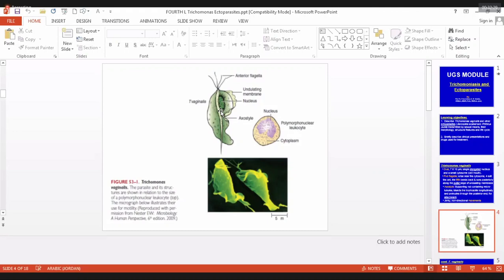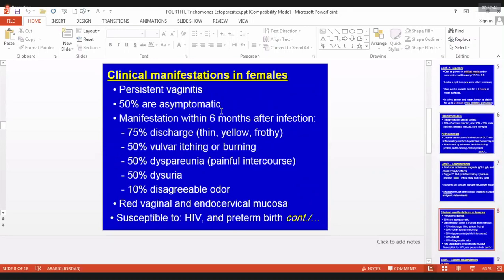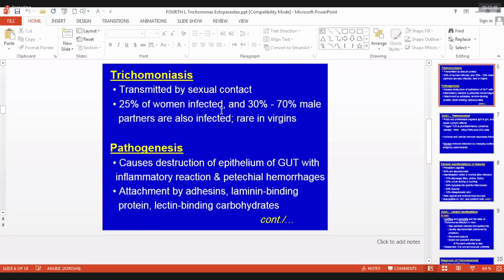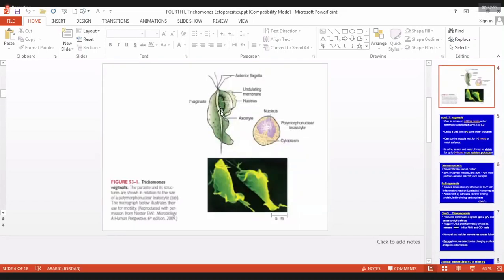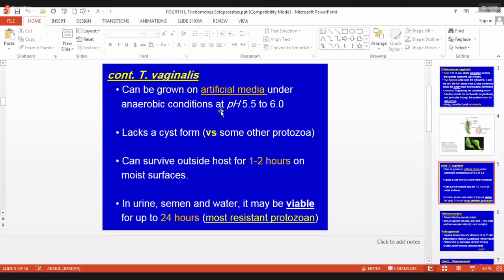Regarding the pathogenesis, of course the parasite will be attacked by the non-specific immunity, which is mainly through the phagocytic cells, and also will be attacked by the cell-mediated immunity and the antibodies.